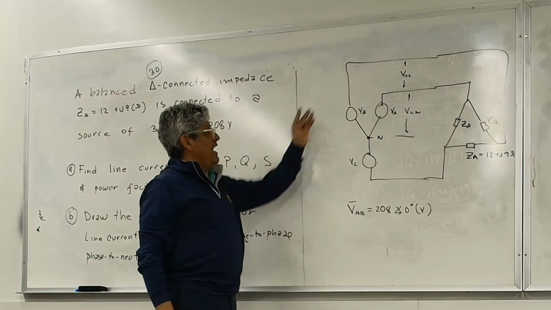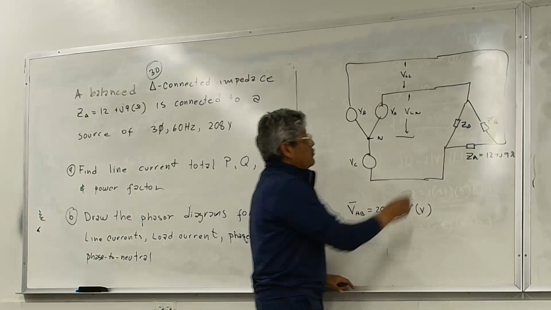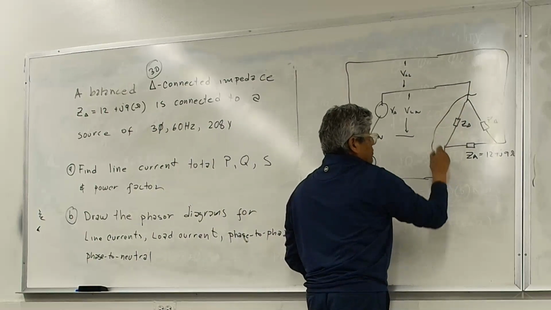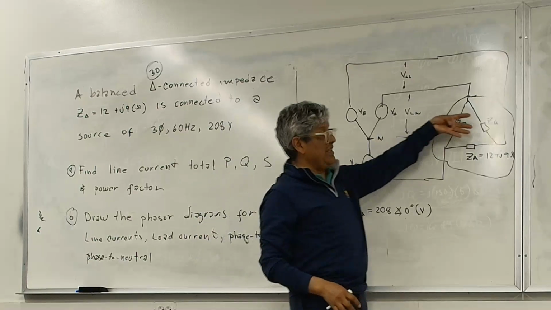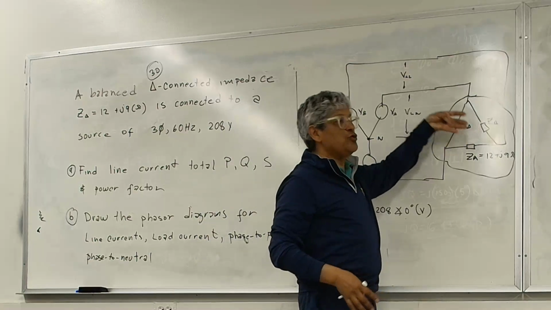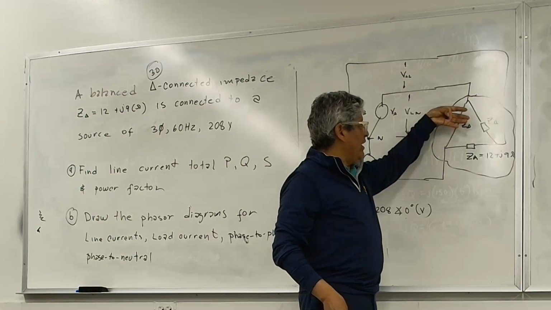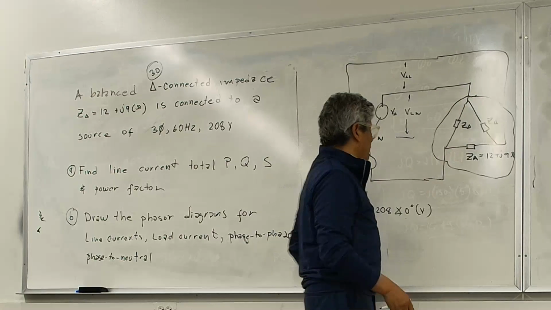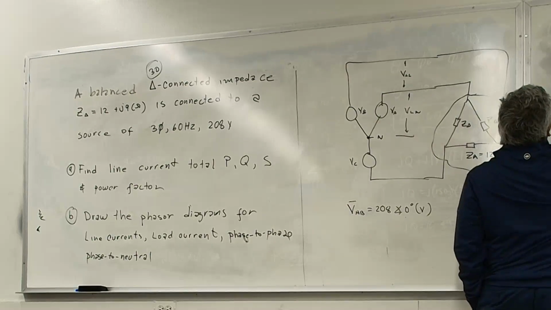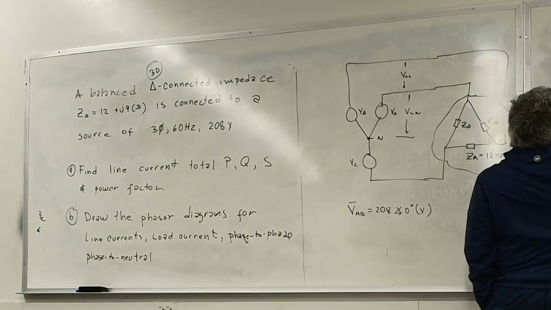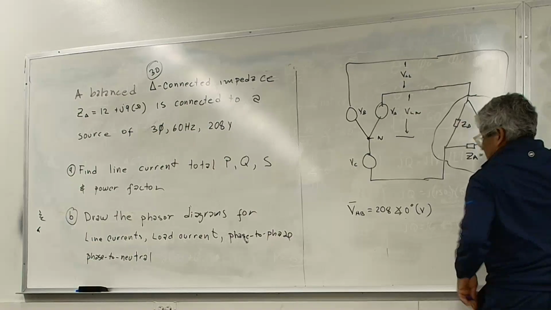Well, I have to make some changes to this. The first thing you want to do, when you have a delta, is convert that to an equivalent Y. By the way, the equivalent Y you come up with is going to draw the same amount of power, whether it's delta or Y. So how do we get an equivalent? Z_Y is always equal to Z delta divided by 3.